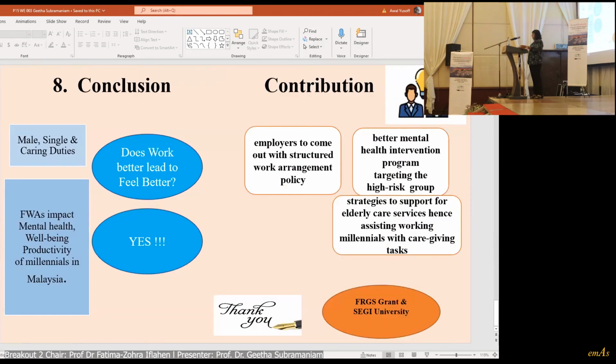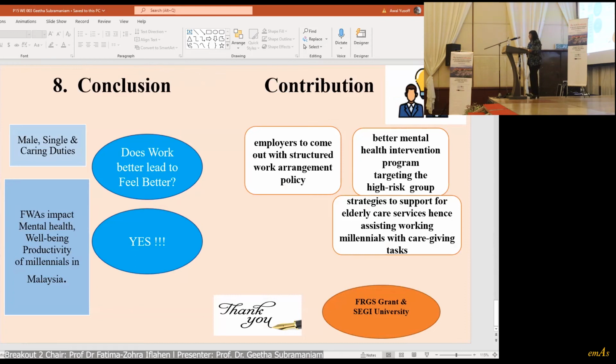So I come to the conclusion: does work better lead to feel better? Meaning that if you have a better workplace, does it mean you feel better? Does it mean you're going to be more productive? And does it mean that you have better well-being?